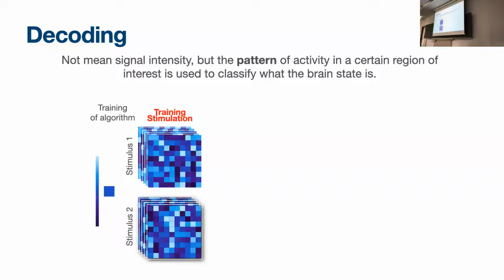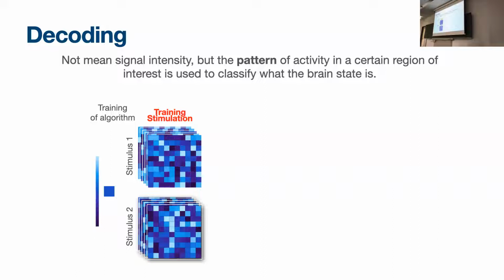Again, just to reiterate, you're going to train this classification algorithm on a training set where, for example, you want to see whether from the pattern of brain activation in some brain region, which I've here depicted as a square sort of randomish pattern, we can decode whether this brain region does any processing related to the difference between stimulus 1 and stimulus 2. If there's any stimulus processing that's different between the two, this classification algorithm should be able to pick it up if I have good data.